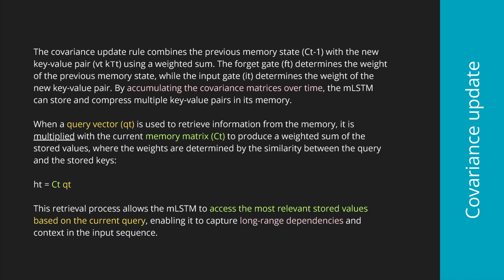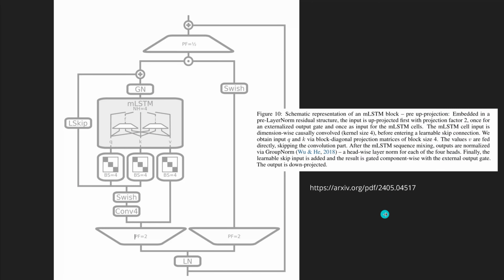You can see it becomes so simple because we built up the memory structure in exactly this way, and this retrieval process allows us to access the most relevant stored values based on the current query, enabling it to capture our long-range dependencies. And this is exactly what we set out to do.